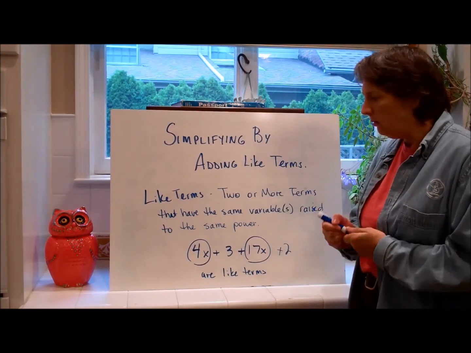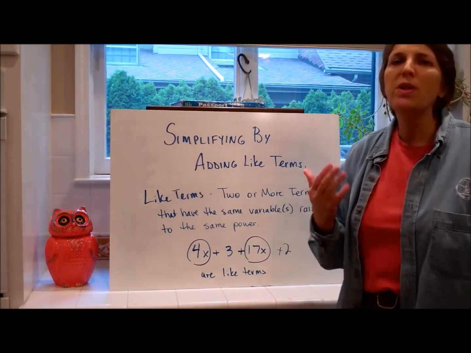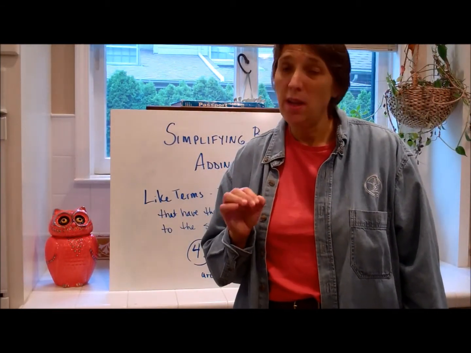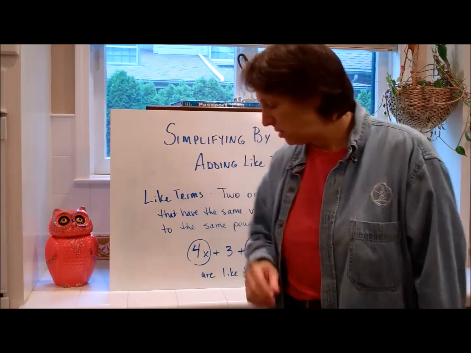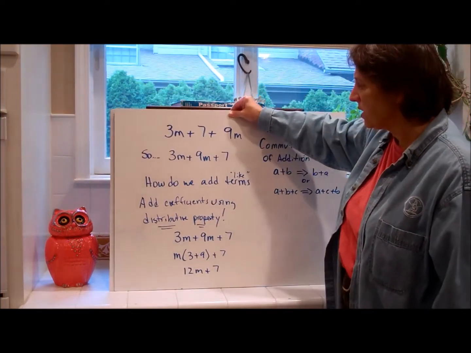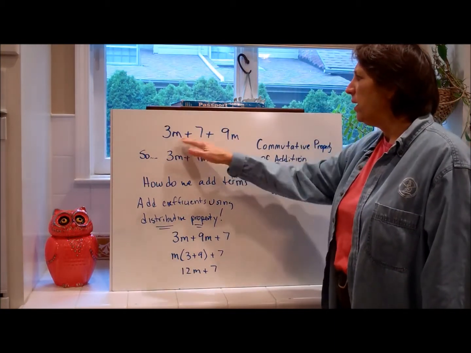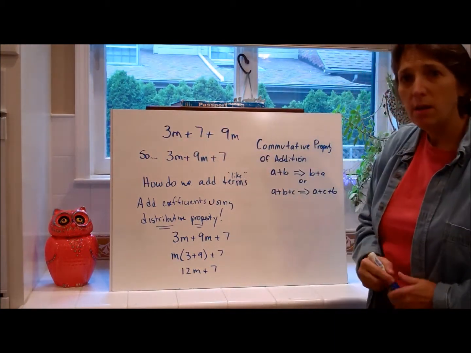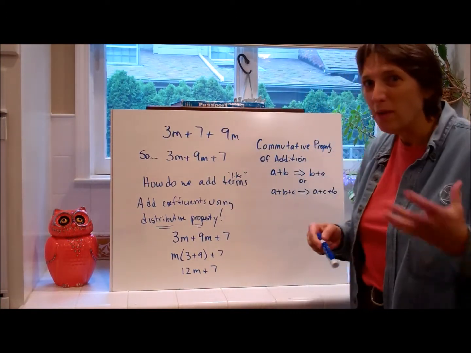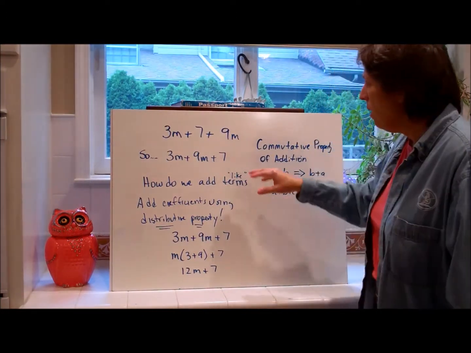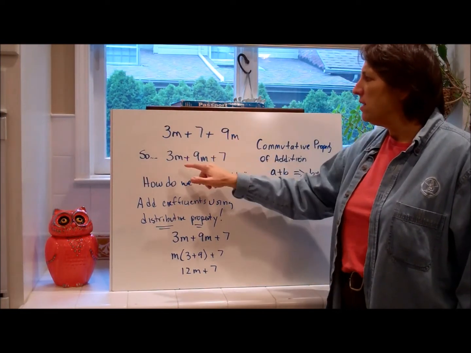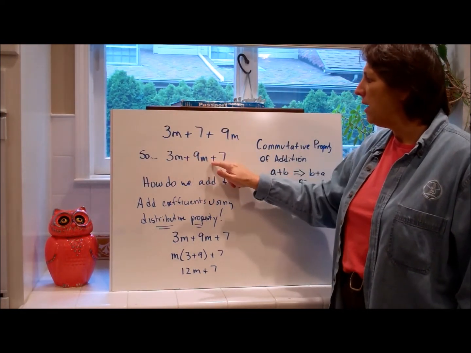Now, there's a reason you can add these, and this is the mathematical explanation. And yes, you do need to know this. So, when we have this expression, 3m plus 7 plus 9m, we're going to reorganize it so that it's 3m plus 9m plus 7.